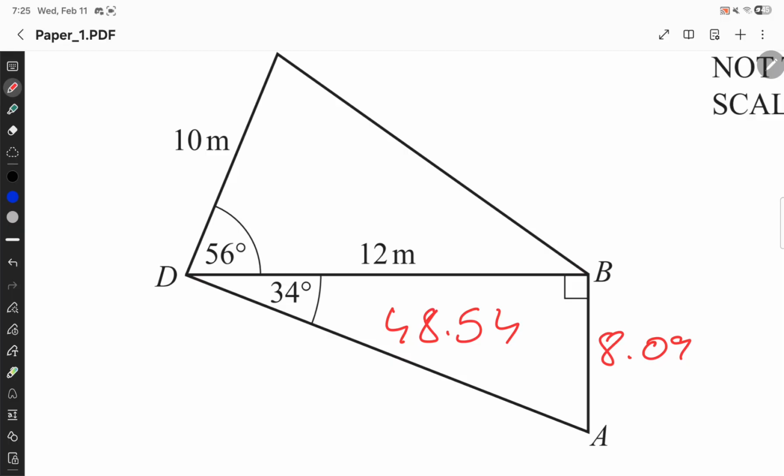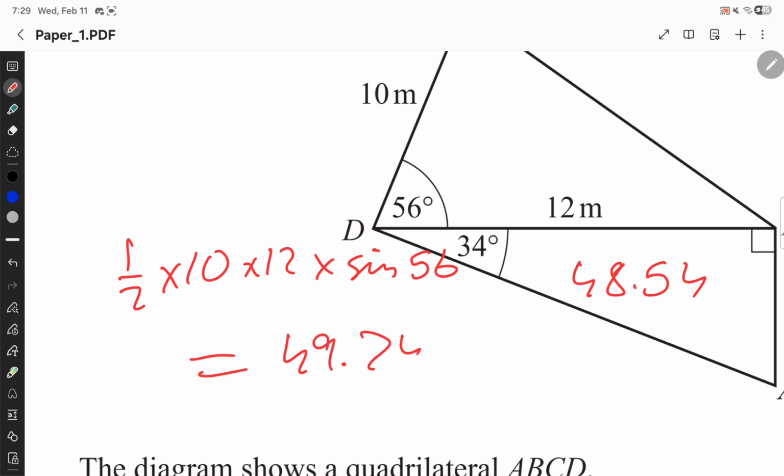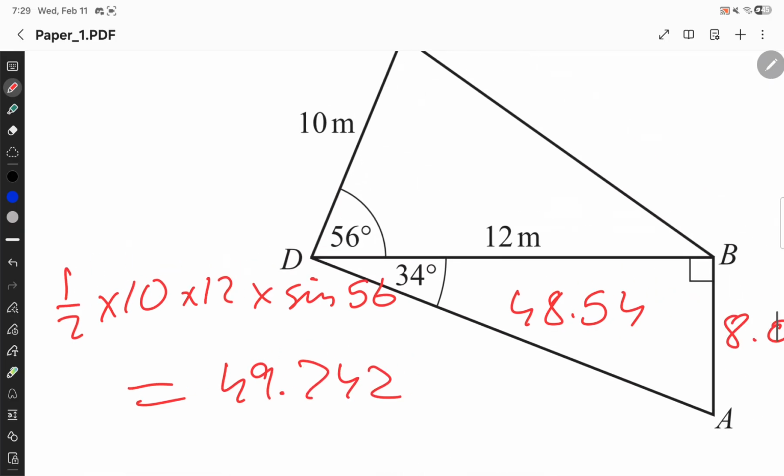Okay, I need to go eat, but using the formula, we can use a half times 10 times 12 times sine of 56, and using a calculator, sine of 56, and I wrote it incorrectly in the calculator, but this is 49.742.